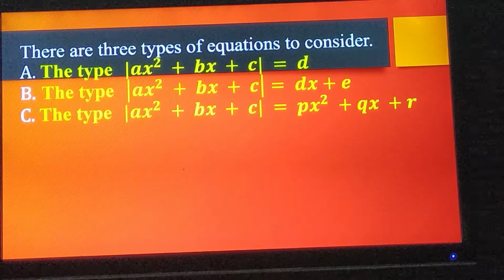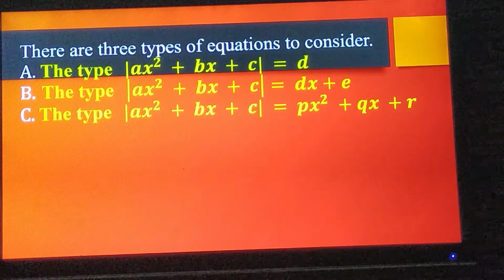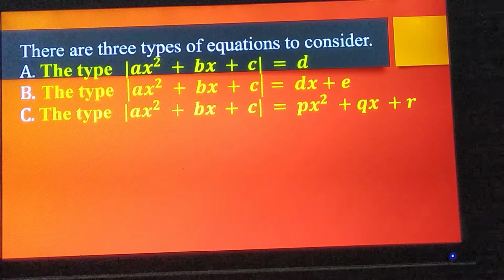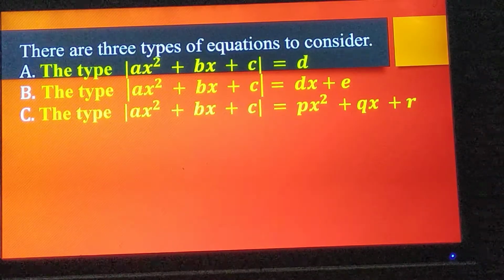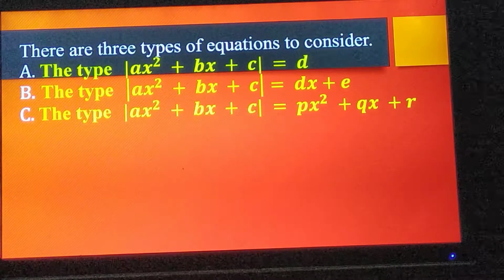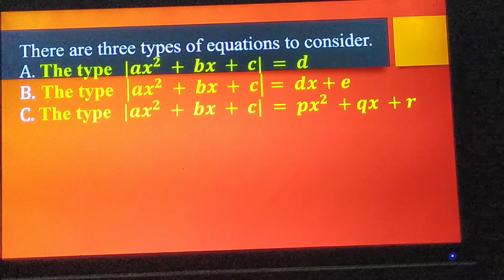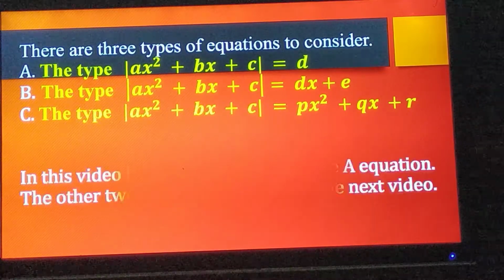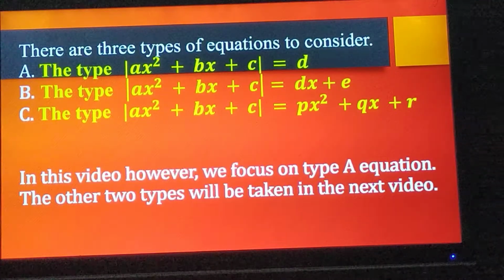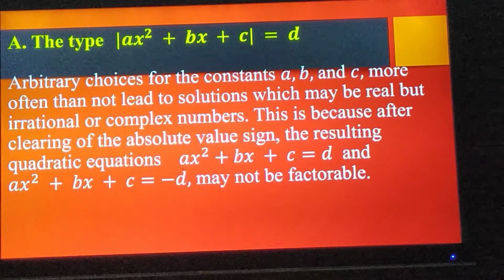There are three types of equations to consider: A, B, and C. However, we will focus only on type A in this video: the absolute value of ax squared plus bx plus c equals d. The other two types will be taken up in future videos.